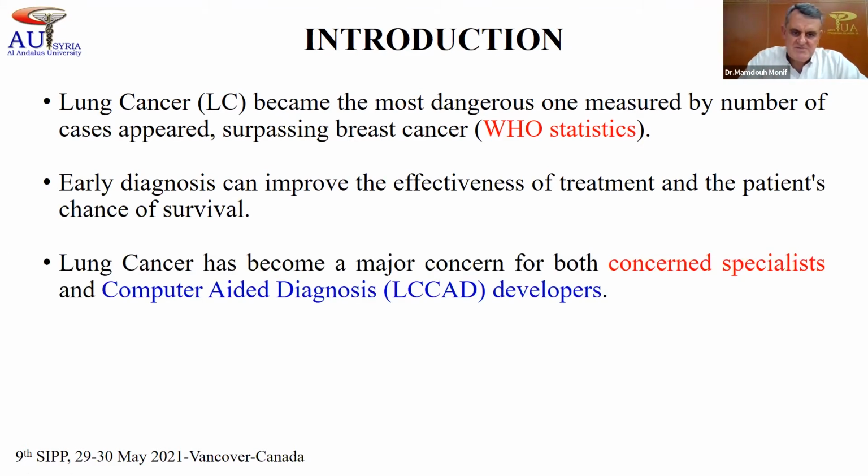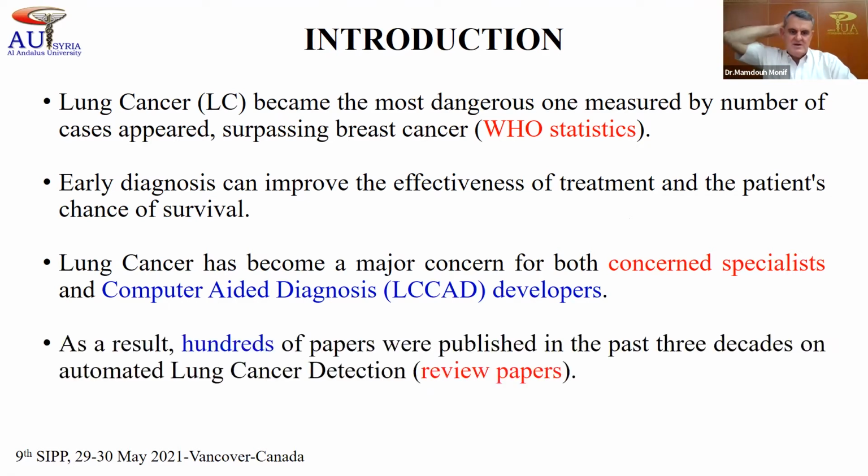So lung cancer has become a major concern for both concerned specialists and computer-aided diagnosis developers. As a result, hundreds of papers were published in the past 3 decades on automated lung cancer detection.